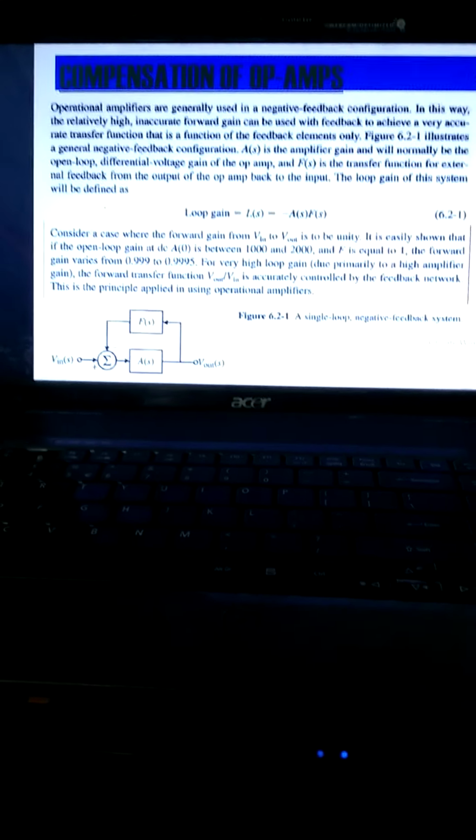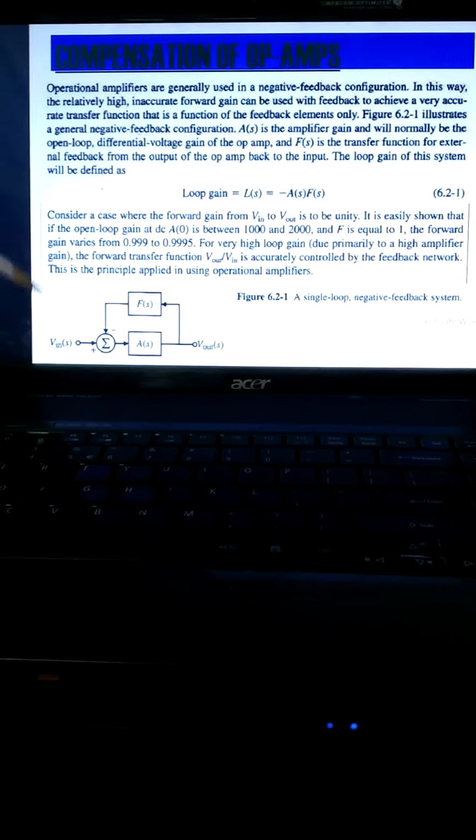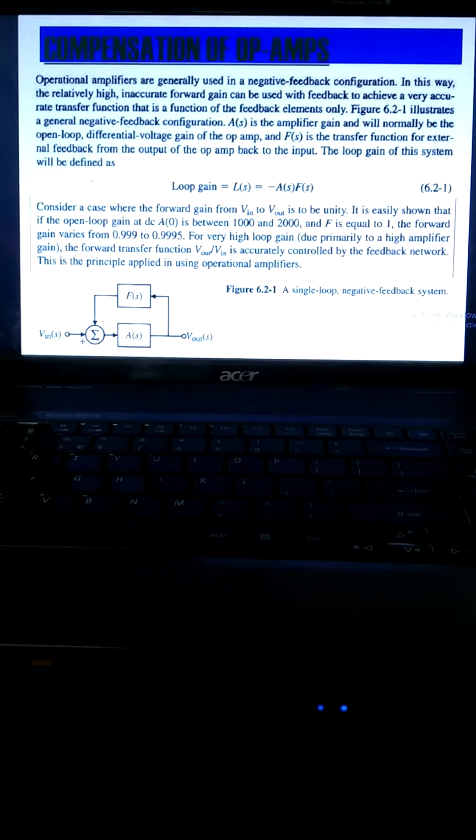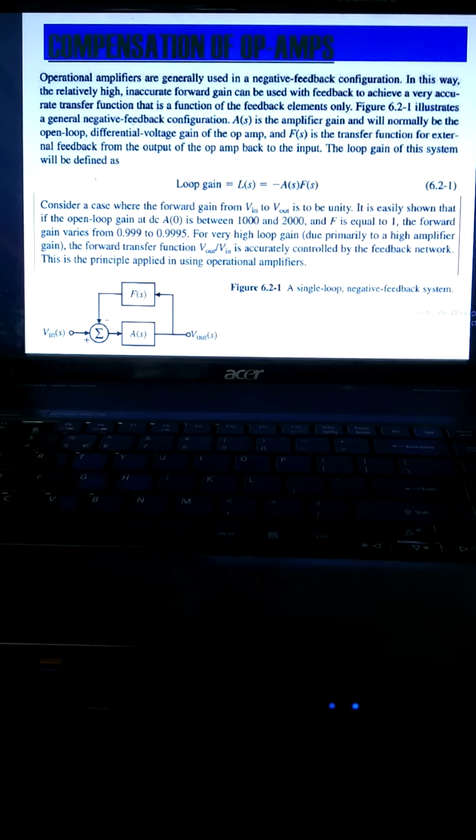Now what is the reverse transfer function? Reverse transfer function means input by output. But here we consider the forward transfer function, that means output voltage by input voltage.